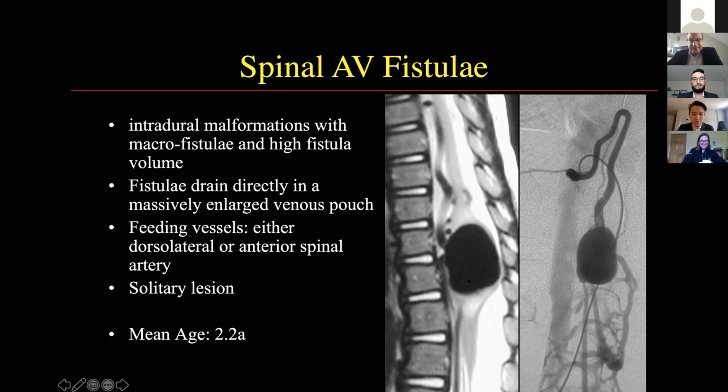The spinal arteriovenous fistula, by far the rarest of them all, means that we have a spinal vascular malformation where an artery directly connects to a vein, and because the vein is not accustomed to having an arterialized pressure, the vein starts to enlarge.